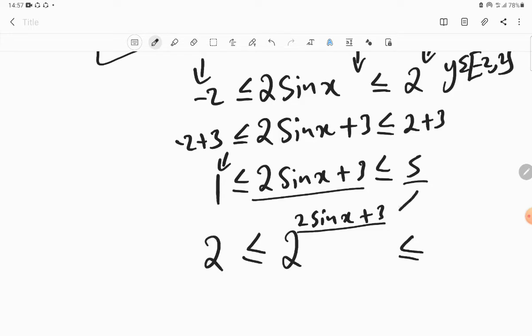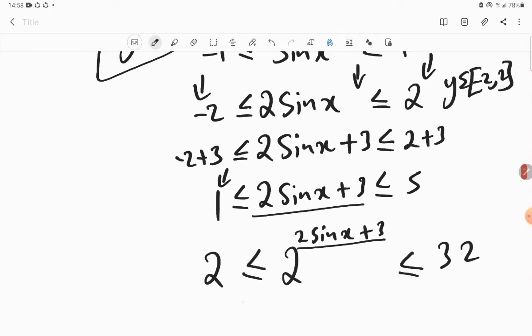Then when we put the maximum value in the exponent, which is 5, we are going to get 32, because 2 to the power of 5 is 32. So this is actually going to be the range of this function. It's ranging between 2 and 32.